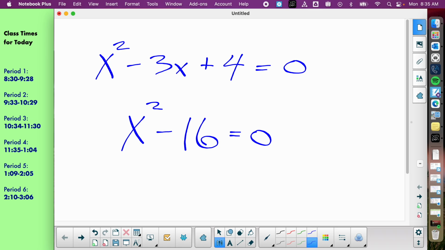At the beginning of this packet, if I remember correctly, the very first page was us solving equations by doing the opposite. Like, I think that was the first page, 1-step, 2-step equations, things like that. So once we got to equations like this, doing the opposite to try to solve it won't help.